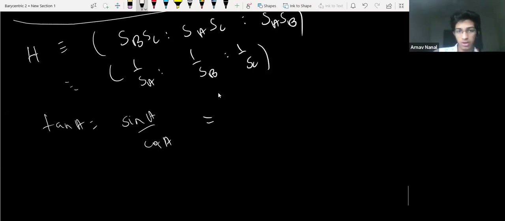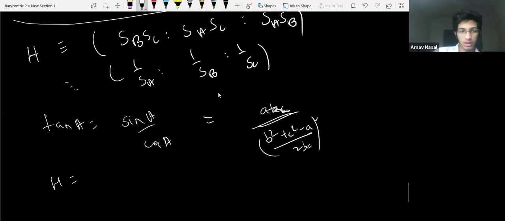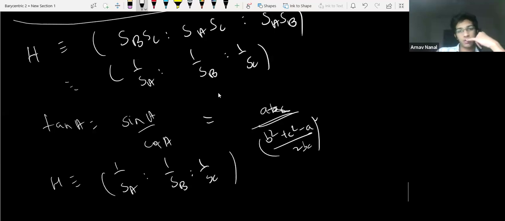So sin A would be a, and cos A is b square plus c square minus a square over 2bc. Does that make sense? This is just cosine rule, and so it becomes abc over b square plus c square minus a square by 2. So we can just cancel abc from everywhere and you get H is 1 by SA is to 1 by SB is to 1 by SC. Does that make sense?